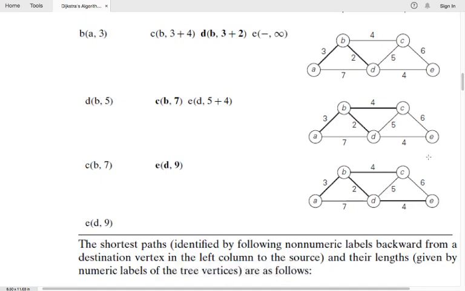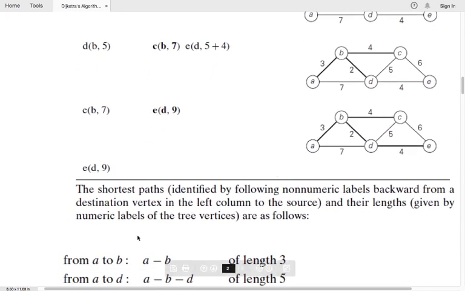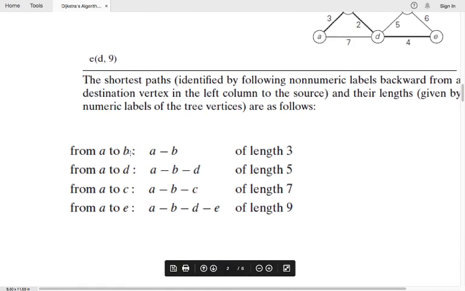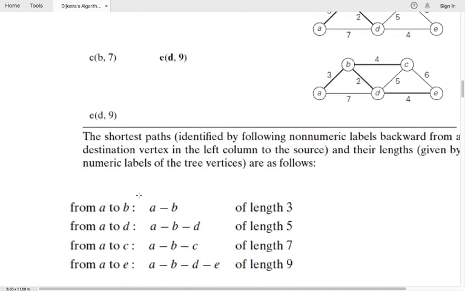Now, how do you find the shortest path from this? It's quite simple. What you need to do is, let's say from A to B, right? I need to find A to B. So go to B. What is the vertex here? A. So go back to A. You get A. So A to B is 3. Now A to D, right?